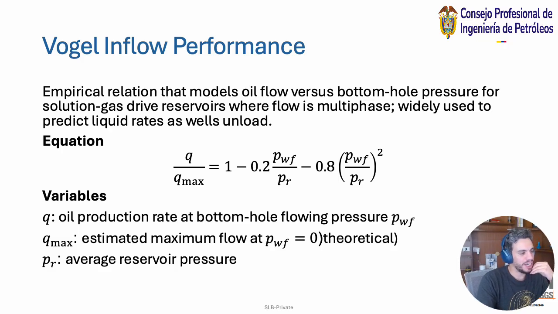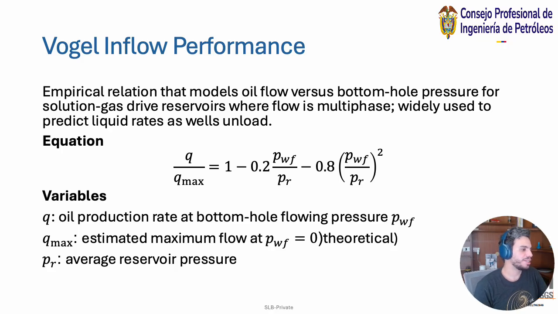We'll define what that is in a second. And E is equal to 1 minus 0.2 multiplied by the pressure at the wellbore over the pressure of the reservoir, minus 0.8 multiplied by the same pressure ratio squared, right? So the variables we're working with here: Q is the oil production rate at bottom hole flowing pressure.